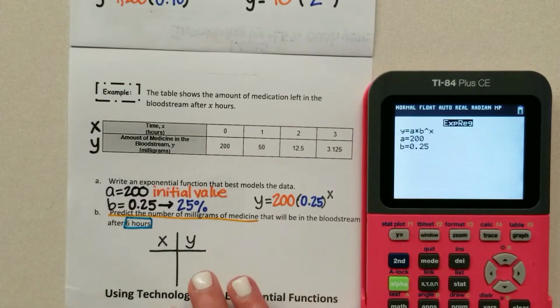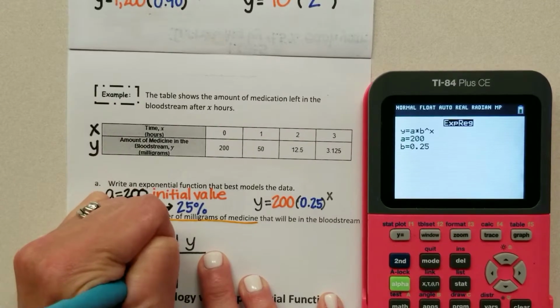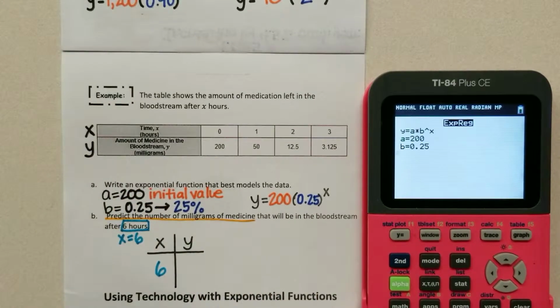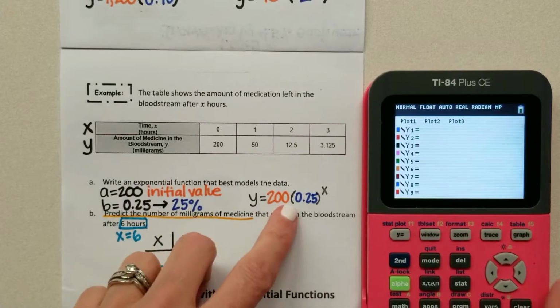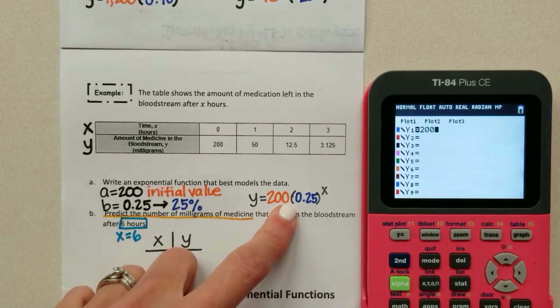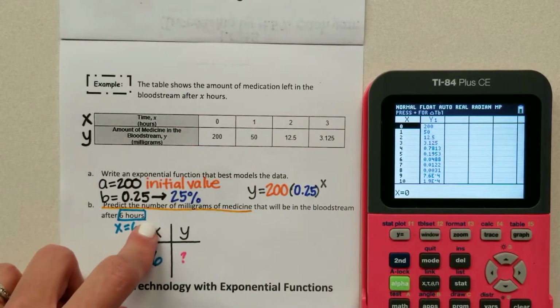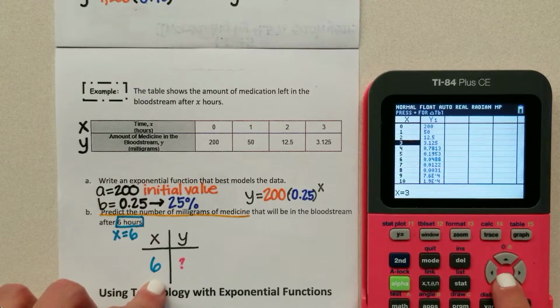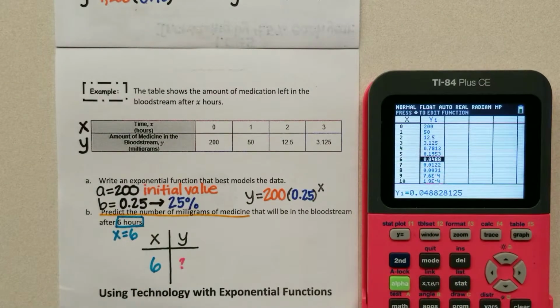If it's talking about time, they're telling me that x is equal to 6. Well, if they're giving me an x value, that must mean they want a y value. So now I have an equation. I can go to my calculator and type in my exponential equation. And since I'm making a prediction, I'm going to my table. And when x is 6, I have approximately this many milligrams.